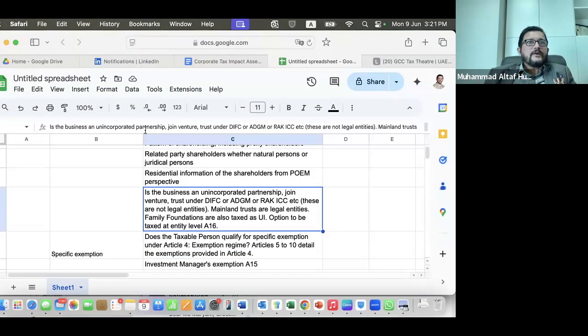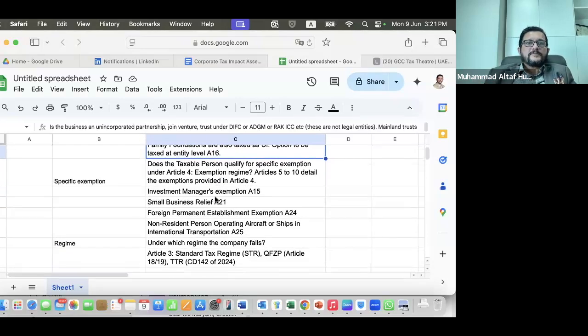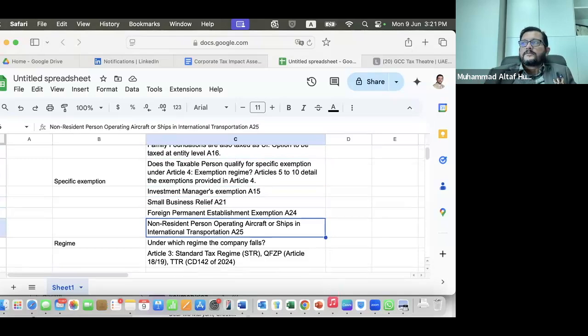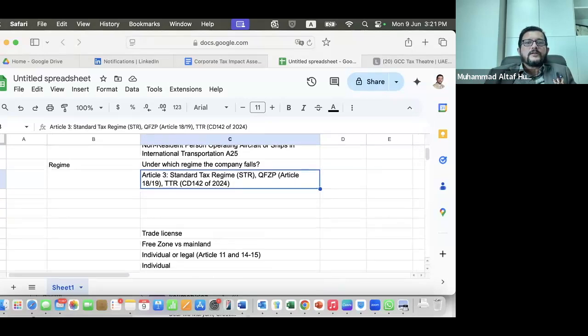So here we are almost finishing up with taxability as a person, right? Specific exemptions we even checked. What else? We even checked the foreign permanent establishment matter. At this point we can put it in the regime also, so that's not a problem. Like which regime the company falls in, right? One was the standard regime, then we should segregate it actually.